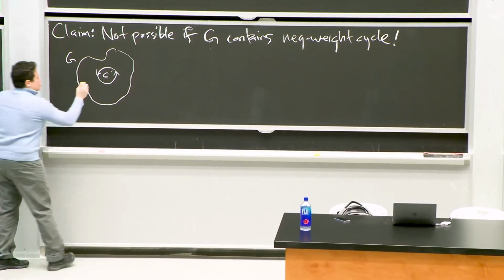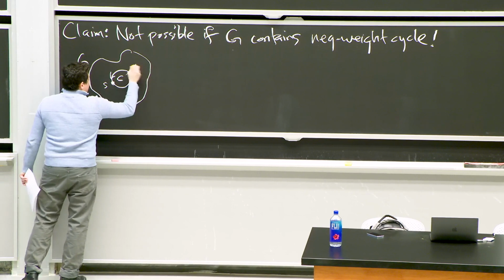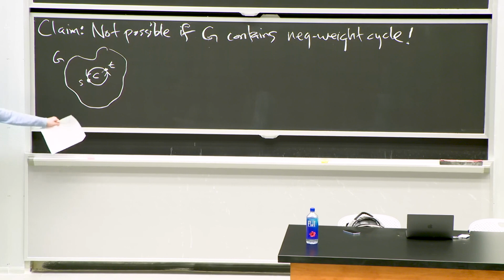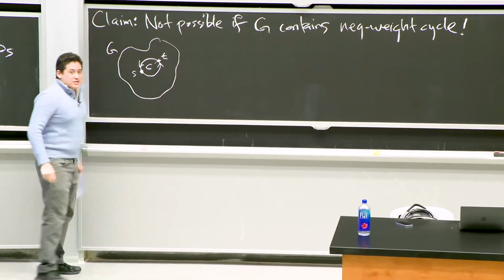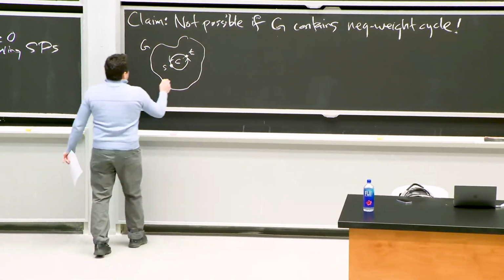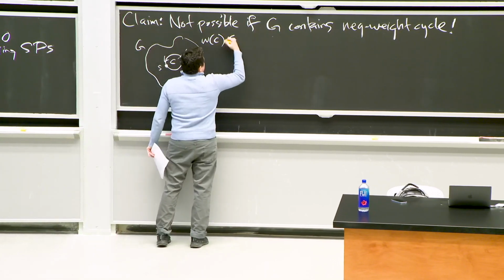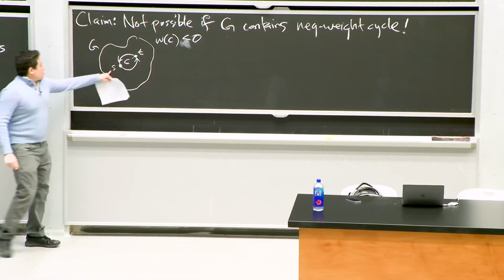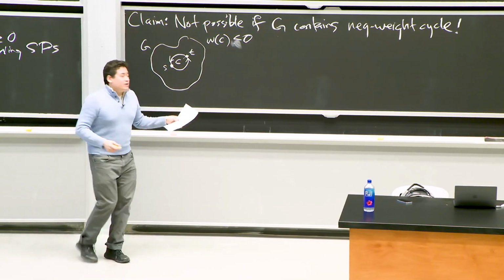The shortest path from this vertex on the cycle to this vertex on the cycle, what is its shortest path? It's infinite. You just keep going around the cycle over and over again because it has negative weight, right? The weight of C is strictly less than 0. That's what a negative weight cycle is. So a shortest path from S to T has infinite length, and in particular is non-simple.